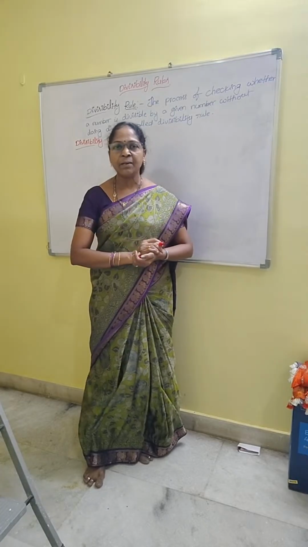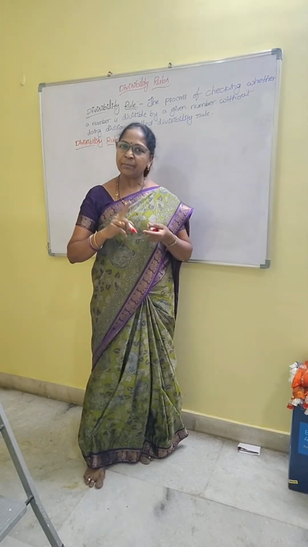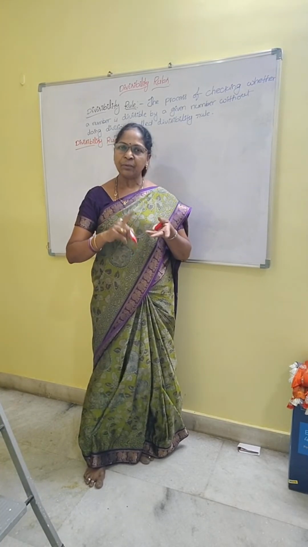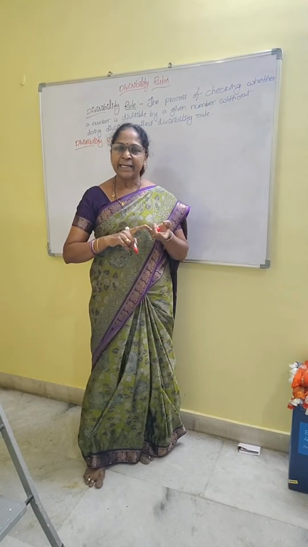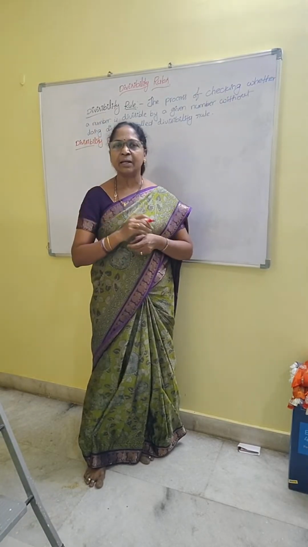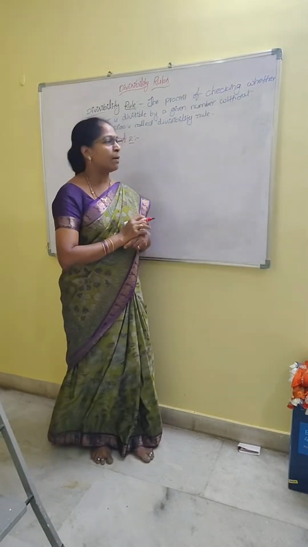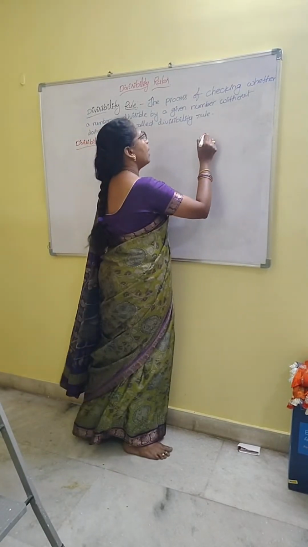That is the divisibility rule of 2. What are even numbers? 0, 2, 4, 6, 8. These are all the even numbers, the multiples of 2.